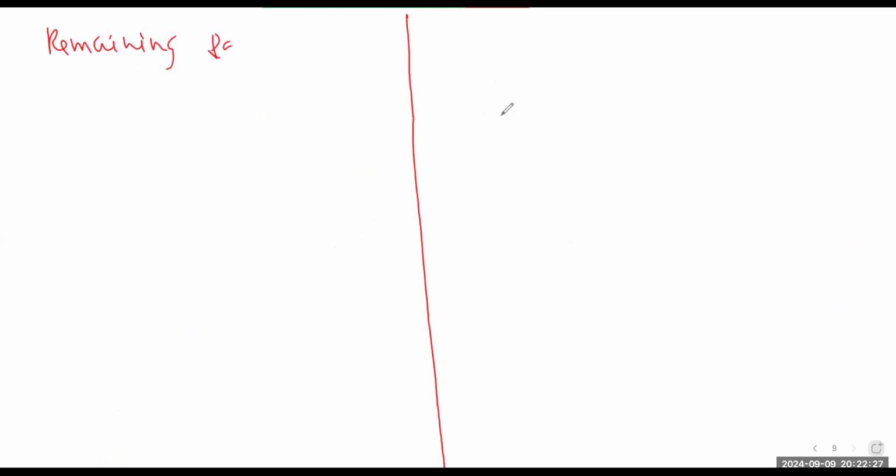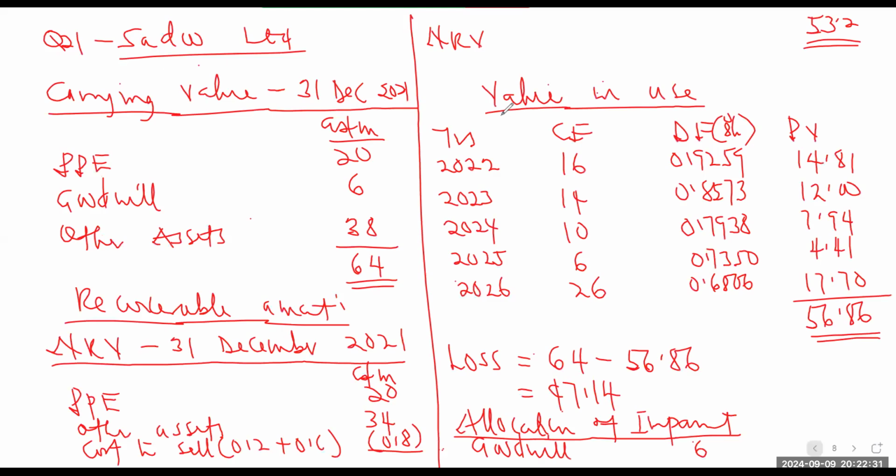The net realizable value of the PPE was not 20, it's 19.8, because we are incurring a cost to sell of 200,000 to dispose the PPE.